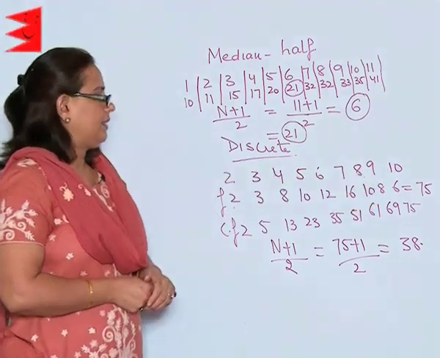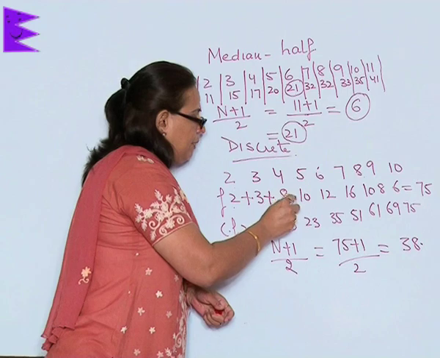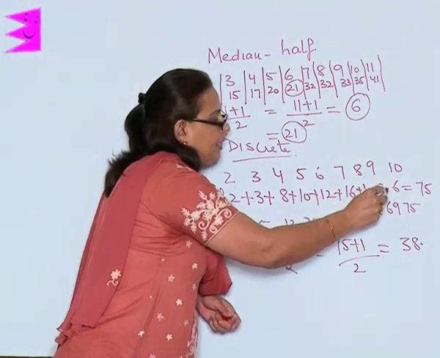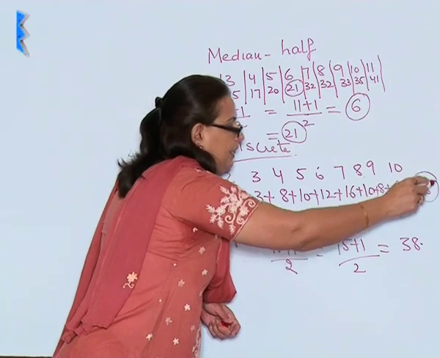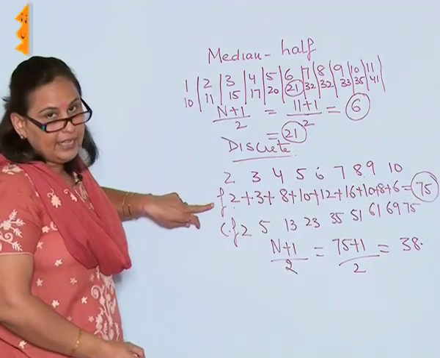So I add 2 plus 3 plus 8 plus 10 plus 12 plus 16 plus 10 plus 8 plus 6, which gives me 75. These were the frequencies that I have.